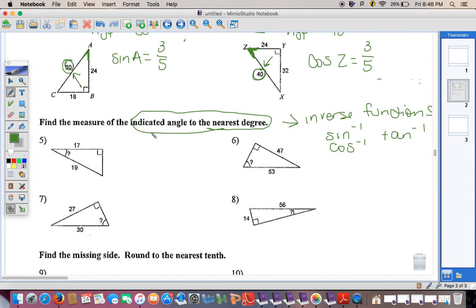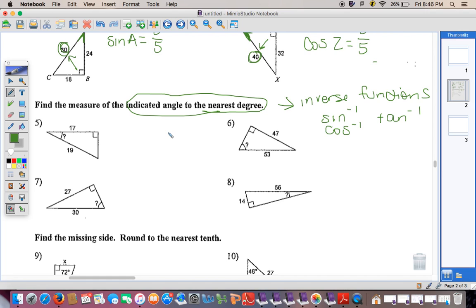Okay, so if we have question number 5 here, we're looking for this angle right here. So you need to name it. Let's be original and name it x. If we are looking for this angle, measure of x, we have to look at what sides we're given. The sides we're given are this side and this side of our triangle.